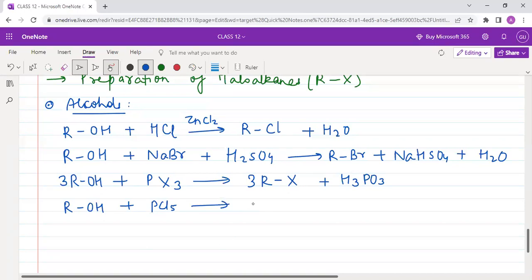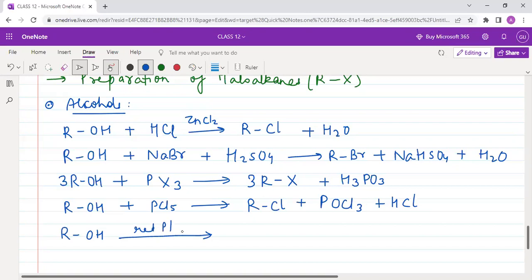Here Cl will be attached, so it is RCl plus POCl3 plus HCl. Now if we have ROH along with red phosphorus and X2, X2 is your halogen molecule, it will form RX.